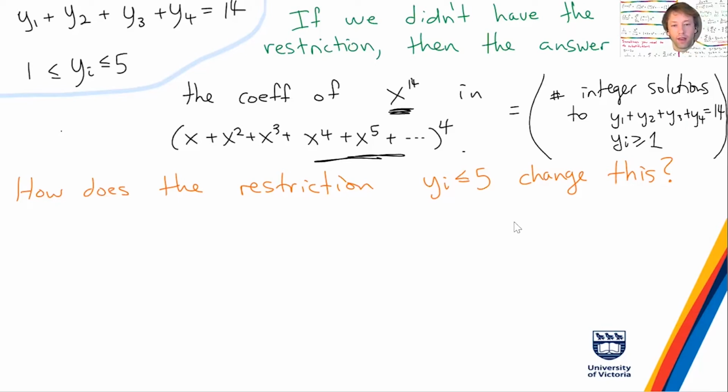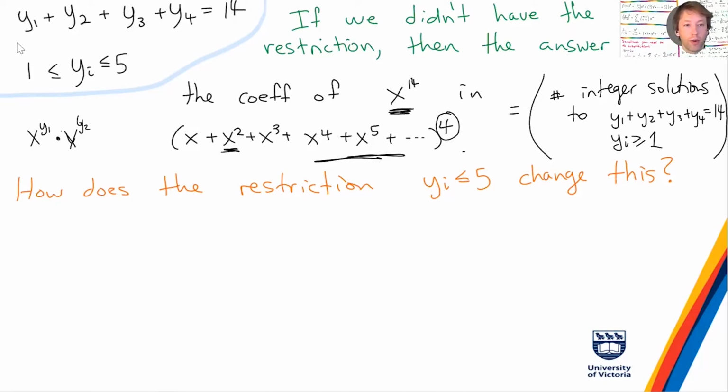Okay. And why is the coefficient of x to the 14 in here equal to these solutions, right? It's because how do I get x to the 14? Well, I get it from taking x to some power y1 from the first factor, times x to the y2, and so on, because I've got this thing basically written 4 times.